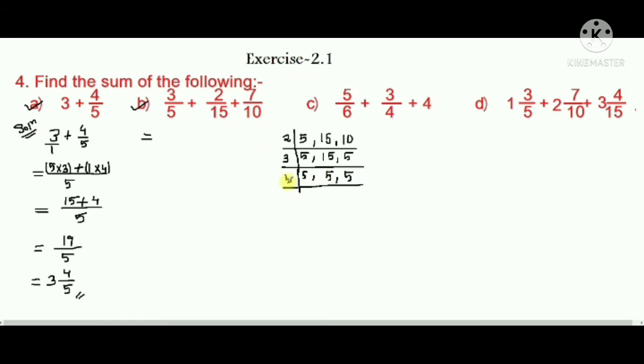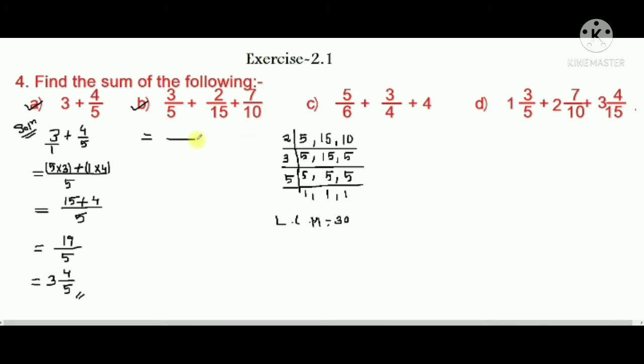Okay, now 5 ones are 5, 5 ones are 5, and 5 ones are 5. Now if you multiply all this, the LCM will surely be 30. You see how? 3 twos are 6, 6 fives are 30. Okay, so here the LCM is what?